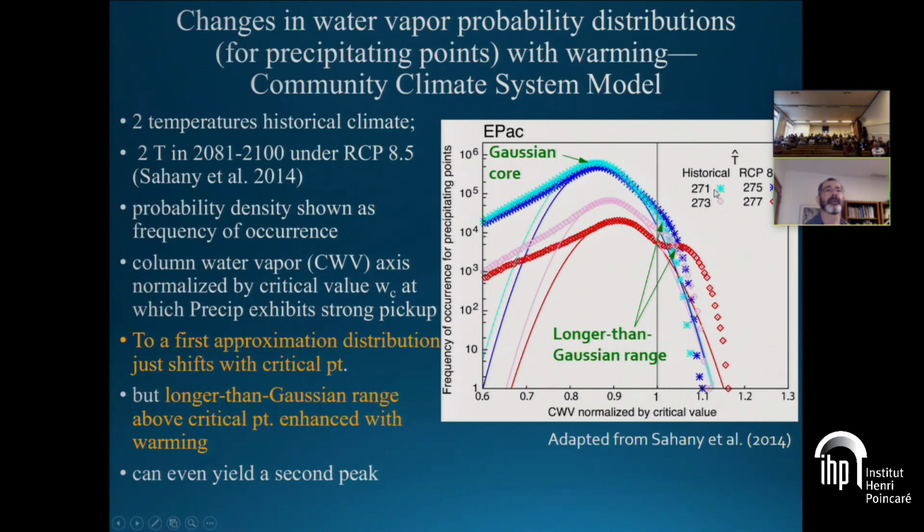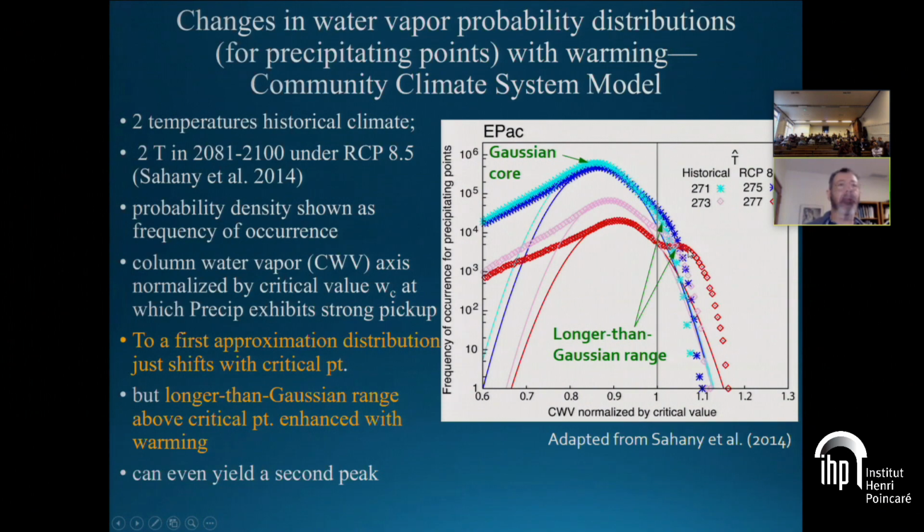You're showing two temperatures for each case, a lower temperature and a high temperature. And as we move, for the higher temperature case, from the current climate to the future climate, everything stays more or less the same in the bulk of this distribution once it's moved relative to its critical value. But the longer than Gaussian range out here changes quite a bit. So you're spending more time in these extreme event ranges.